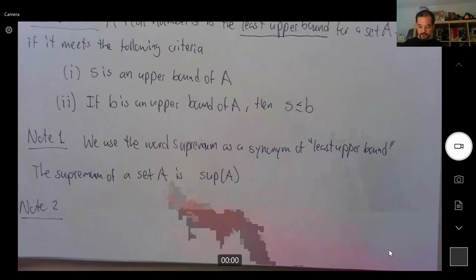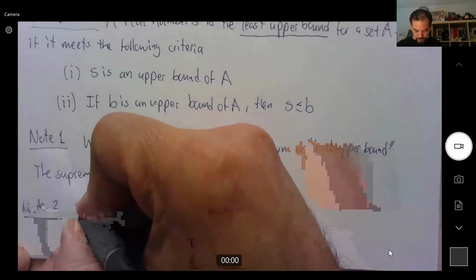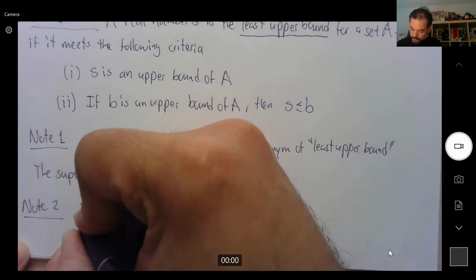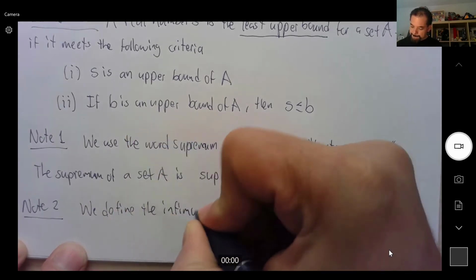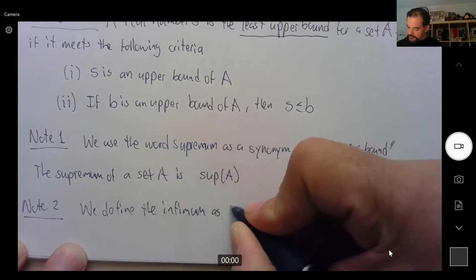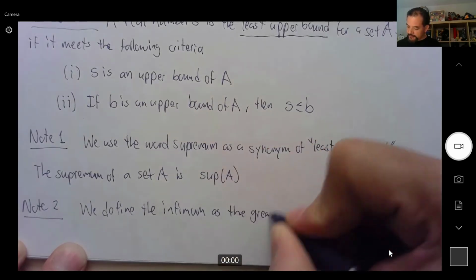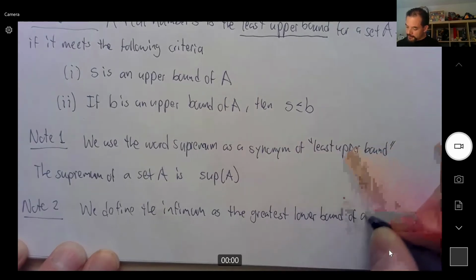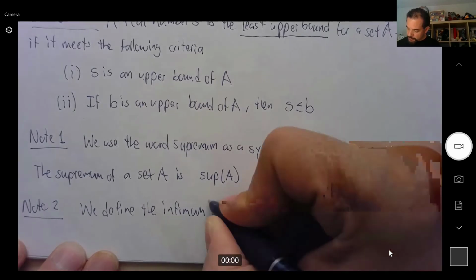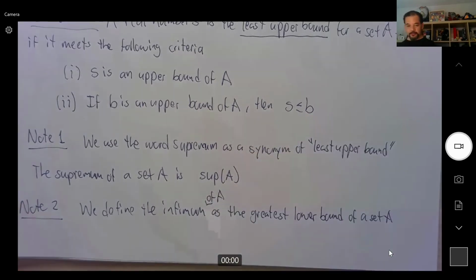That's the corresponding symmetric term. I'm going to write it here. So similarly, we define the infimum as the greatest lower bound of a set A. The infimum of A as the greatest lower bound of a set A. And there's an exercise where you're asked to verify these and to check that you don't need to add it to the axiom, right?